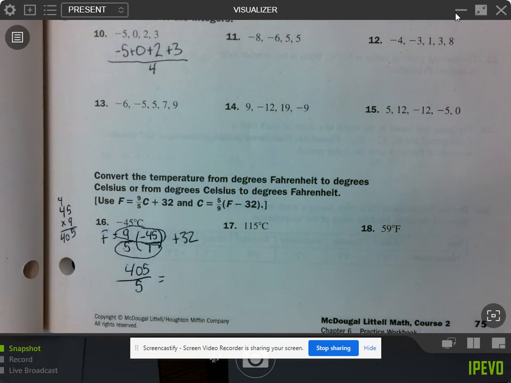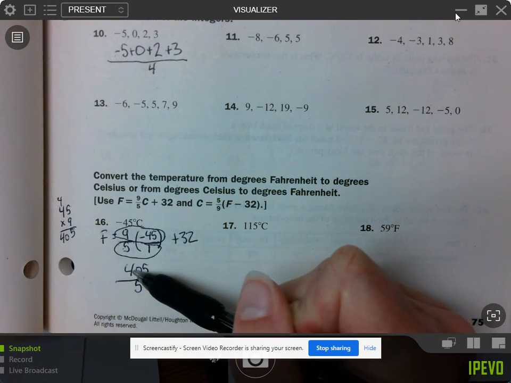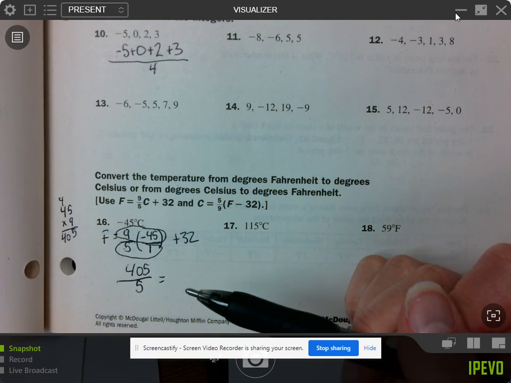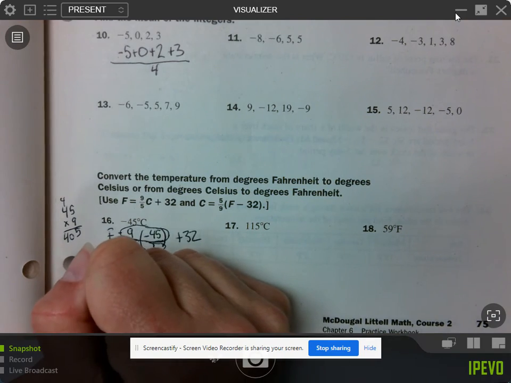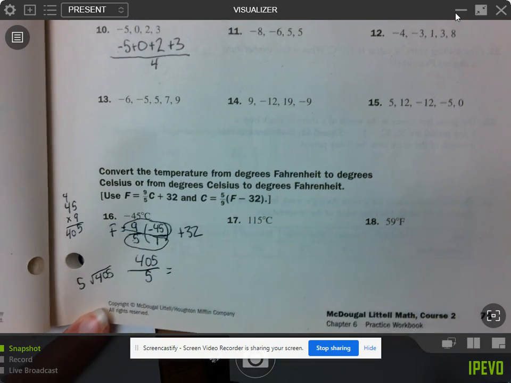I don't want to leave it as a fraction. So I want to make it as simplified as I can. So remember that fraction bar means divide. So 405 divided by 5. I can do it in my head, or I can do the long division of 405 divided by 5.